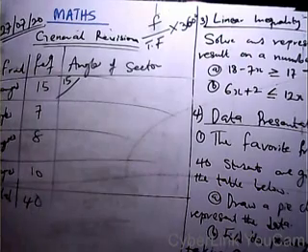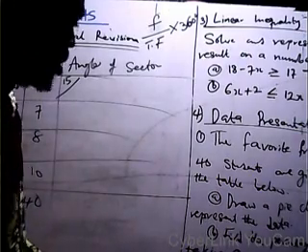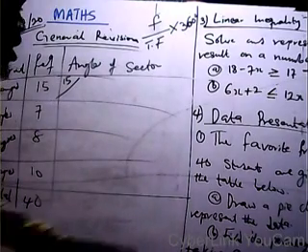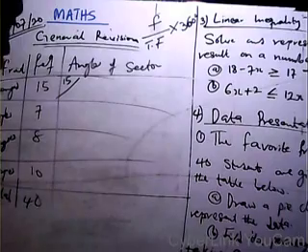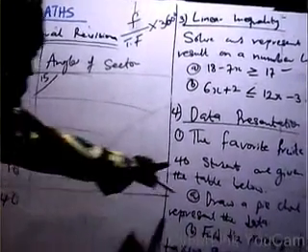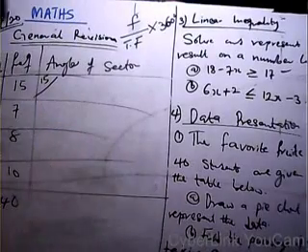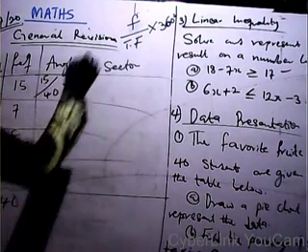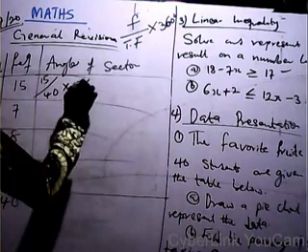That is given in the question as the favorite fruit of 40 students. So total frequency is 40. We put 40 here, multiplied by the total angle in the circle, which is 360.